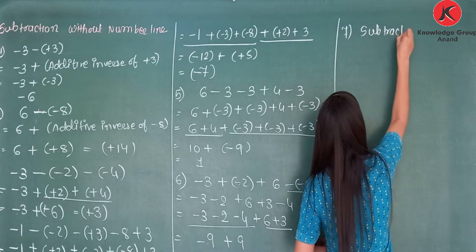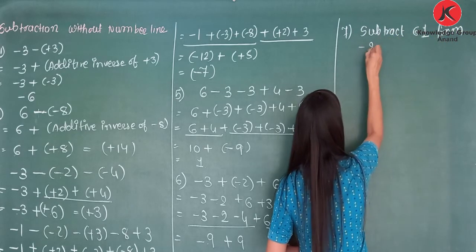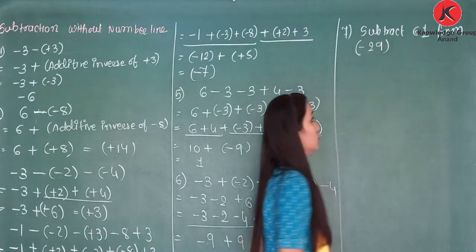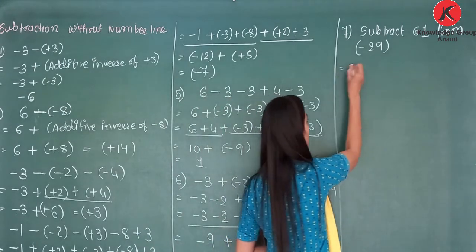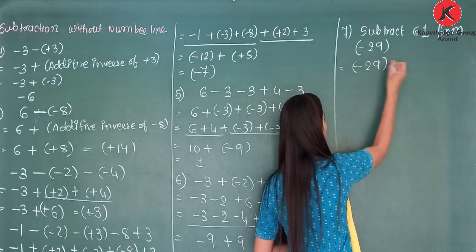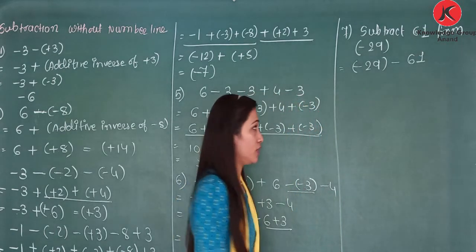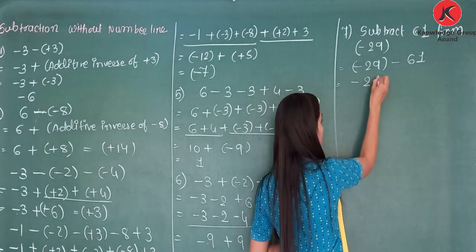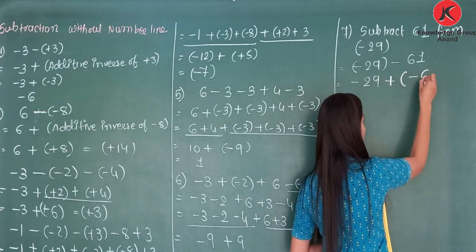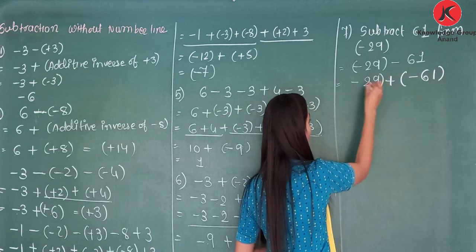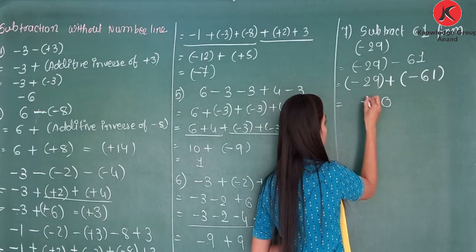Subtract 61 from -29. Subtract 61 from -29. So here -29 will be first number, -61. Now here you can solve this example by writing this. -29 plus additive inverse of -61 is +61.